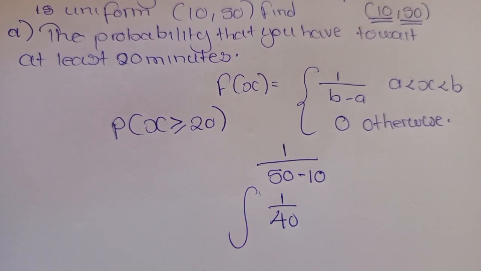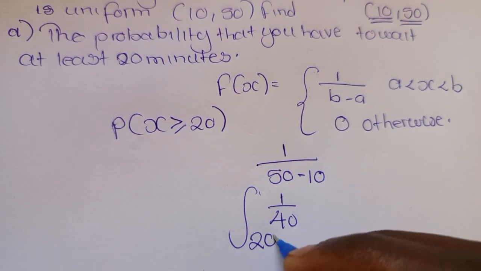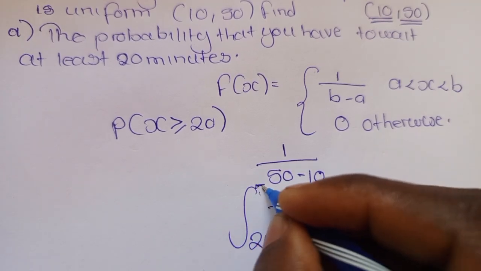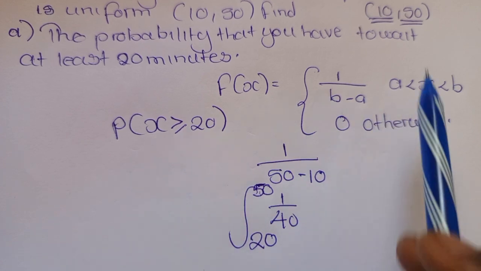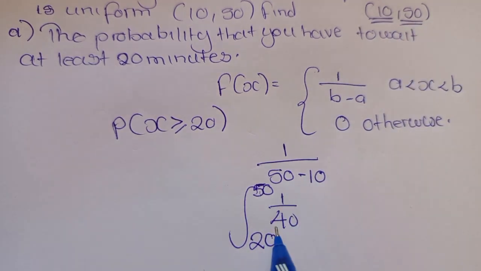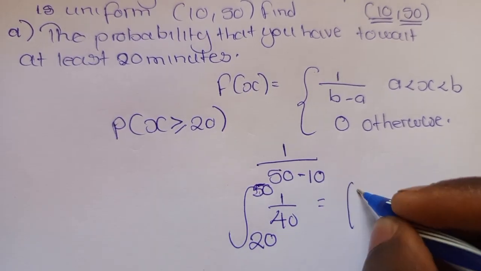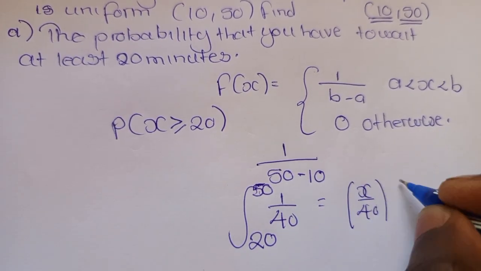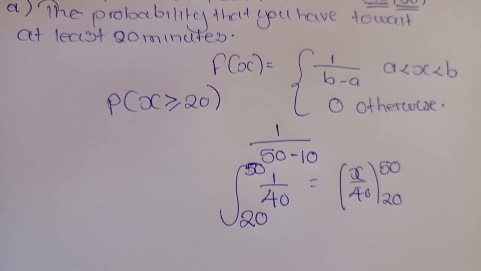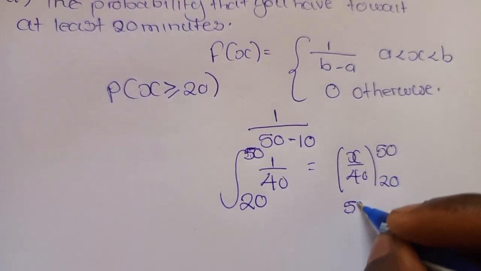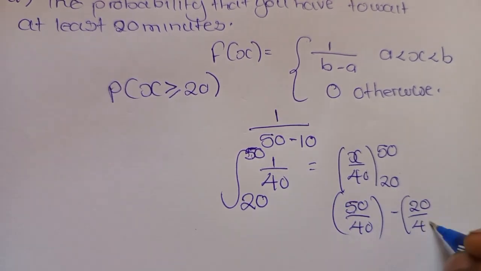So having created the formula, since they said you can wait greater than 20, it is 20 to 50, because regardless of how much time you can wait, you should not exceed 50. So that's the assumption here. Then from here you integrate this, and when you integrate, you will have x over 40, from 20 to 50. Then you substitute, and you will have 50 over 40 minus 20 over 40.